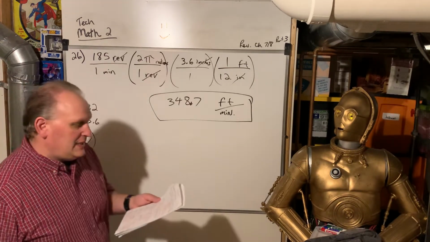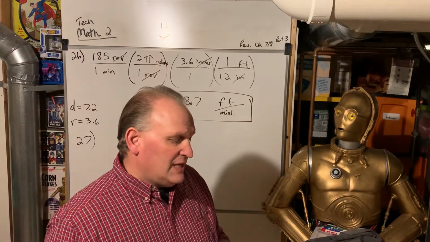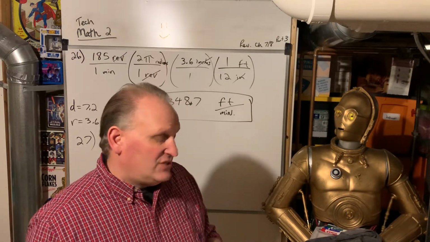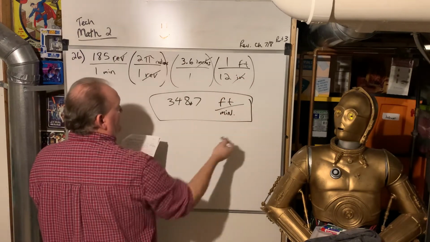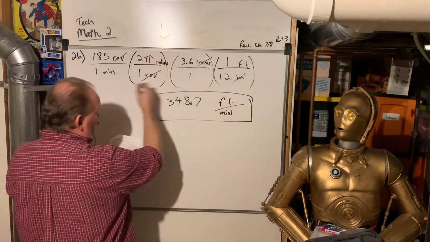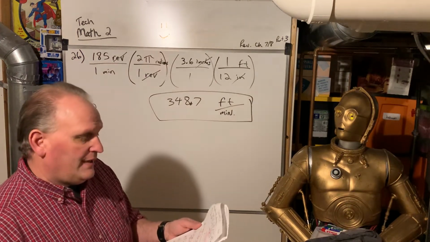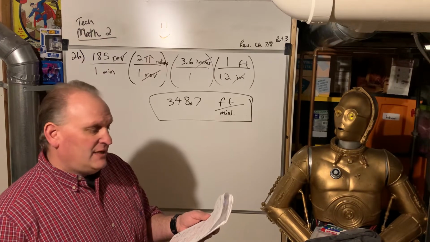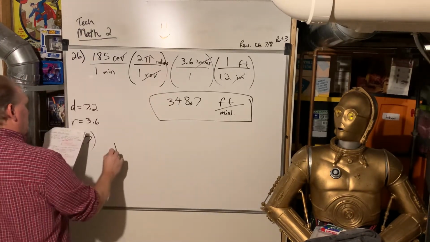A wheel has a radius of 6.15 inches. Angular velocity is 11.2 radians per second. So they already have it in radians per time frame. Like we had to force the last one into that. Find the linear velocity. 27 is much easier.